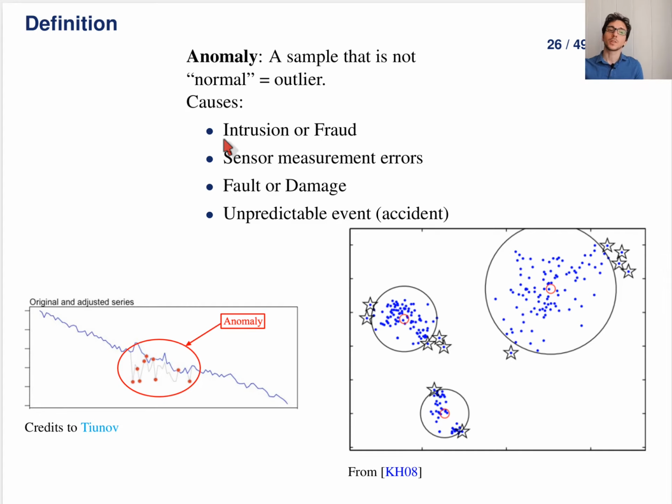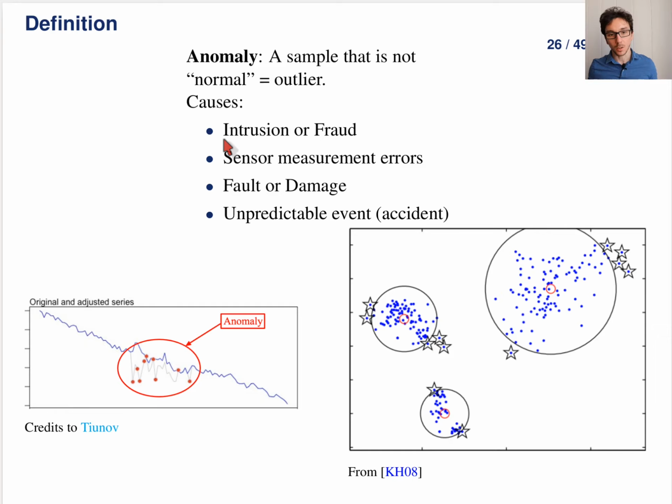First, we have to define what is an anomaly. An anomaly is a sample that is not normal, that is an outlier. In other words, this sample is dissimilar from the rest of our dataset. The cause could be that this sample denotes an intruder that is trying to connect to our system and attack it, or a fraud.